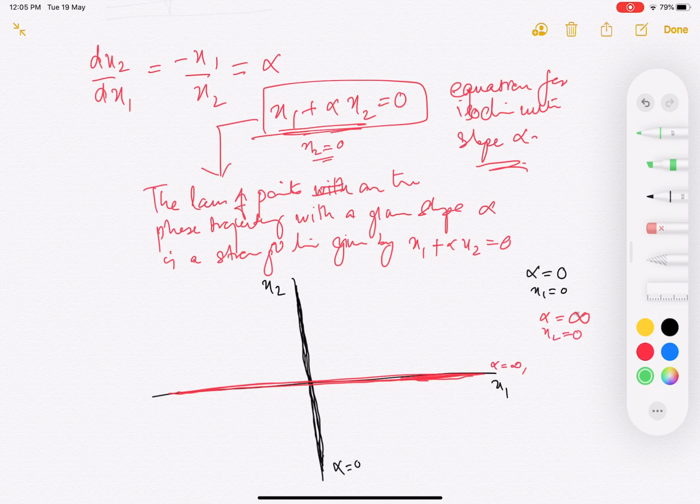Let us take another line, another slope, 45 degrees. 45 degrees, alpha is going to be 1 because tan 45 is 1. So the line is going to be alpha is equal to 1. So it's going to be x1 plus x2 equal to 0. So x1 plus x2 is equal to 0 is x1 is equal to minus x2.